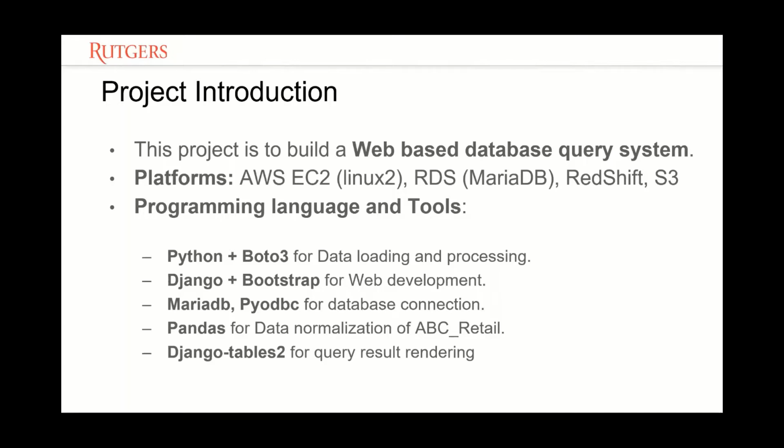We use Python and Boto3 for data loading and processing, Django and Bootstrap for web development, MariaDB, PyODBC for database connection, Pandas for data normalization, and last but not least, Django Tables 2 for query result rendering.